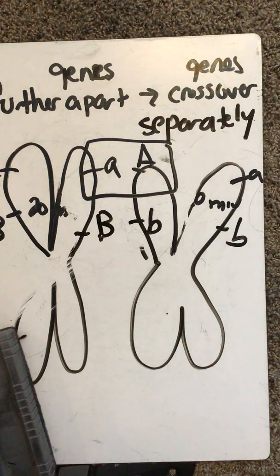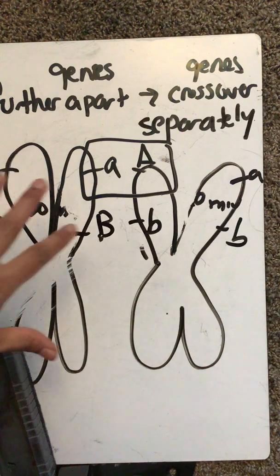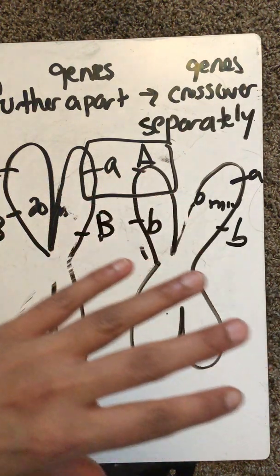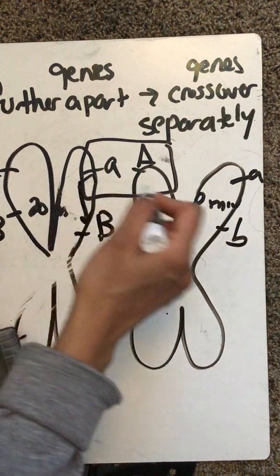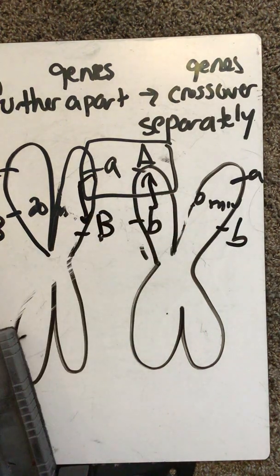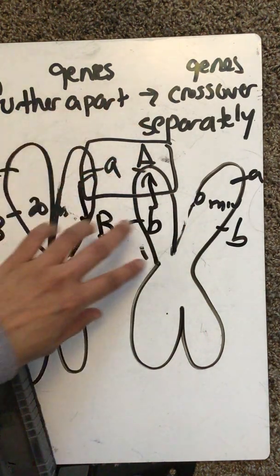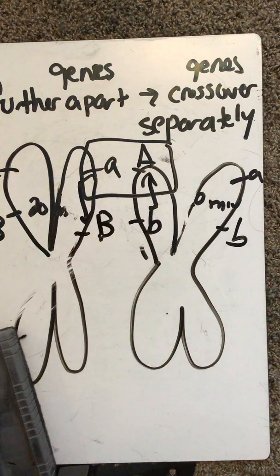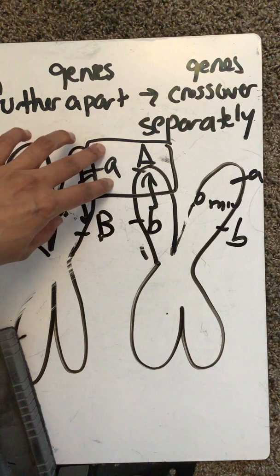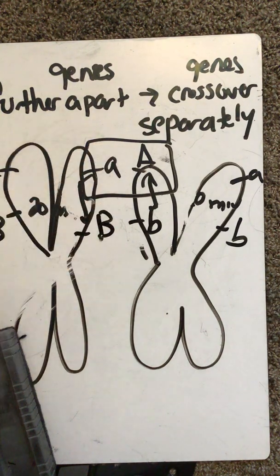So hopefully you can see that in this example where I said there were 20 map units, only the A crossed over, but nothing happened to that. So this is occurring separate to that.